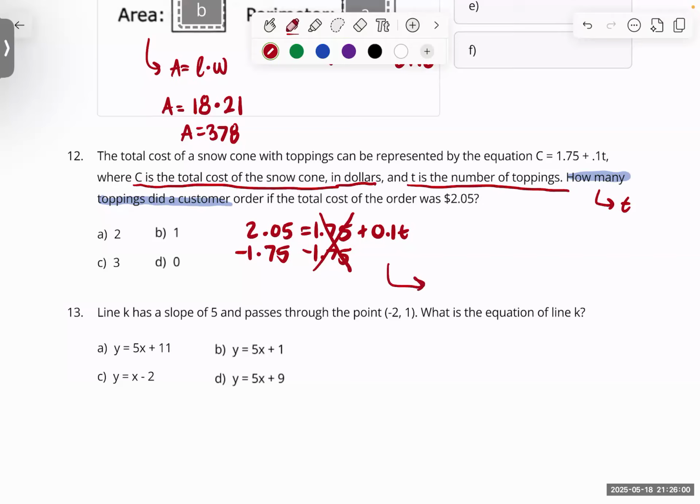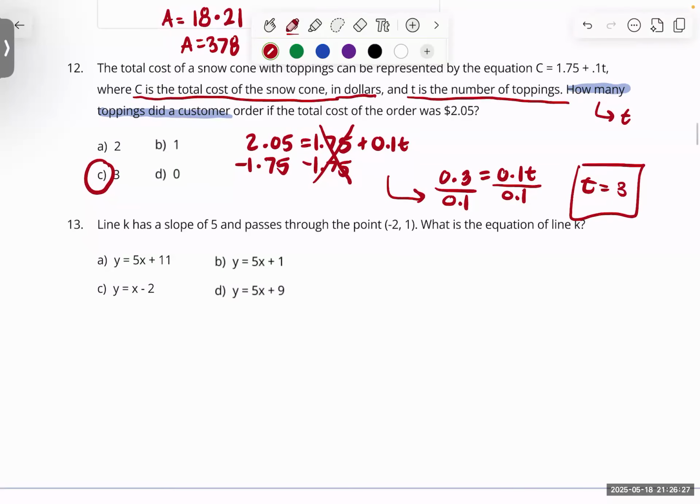So you're gonna get 0.3 equals 0.1 T. Now the last step is because it's 0.1 times T, you have to divide both sides by 0.1, and you get T equals 3. 3 toppings was ordered by the customer. So the answer is C.